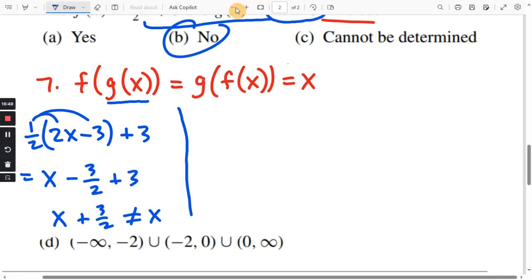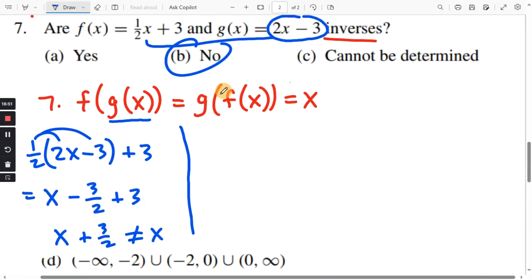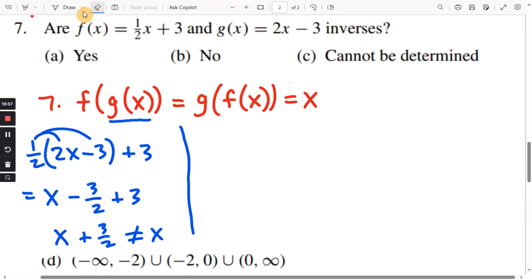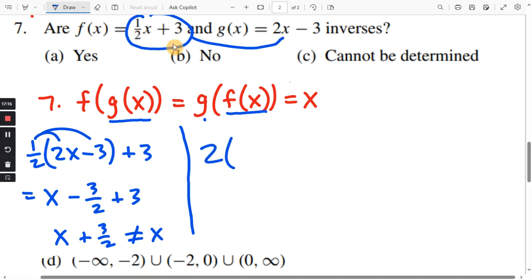You don't even have to do the other one. I'll do it just so you can see it for practice. g of f of x means we're going to take f of x and plug it into x for the g function. So if we took this here and plugged it in place of x, we would basically have 2 times (1/2 x plus 3).